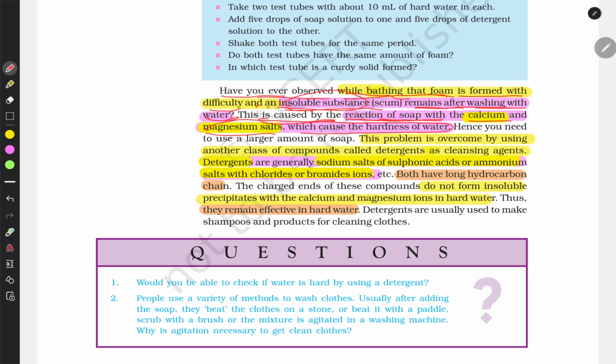This is caused by the reaction of soap with the calcium and magnesium salts, which cause hardness of the water. So calcium and magnesium are making the water hard.